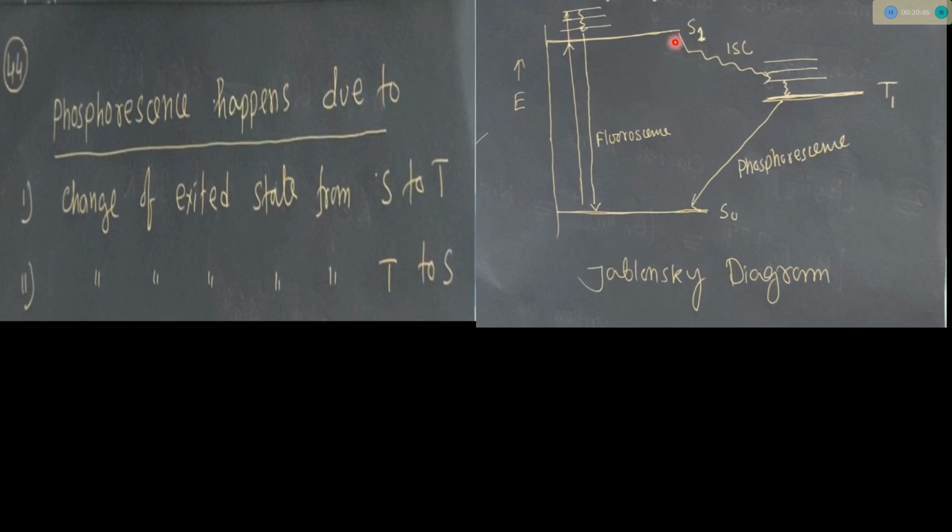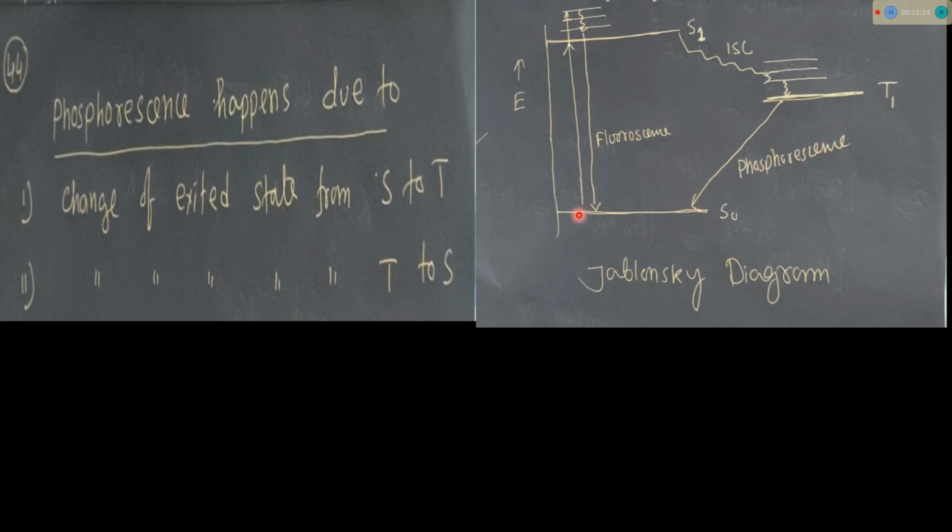When it goes to the triplet state and then from the triplet state returns again to the singlet ground state, then we will observe the phosphorescence phenomenon. So this is the ground state, it goes to the excited state. Now the excited state changes from singlet to triplet, and from the triplet state, when it returns back to the ground state, then we will observe the phosphorescence phenomenon.